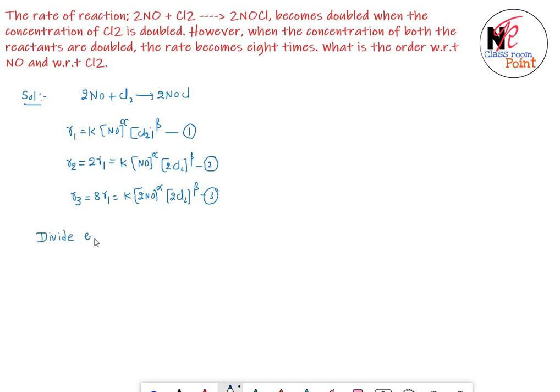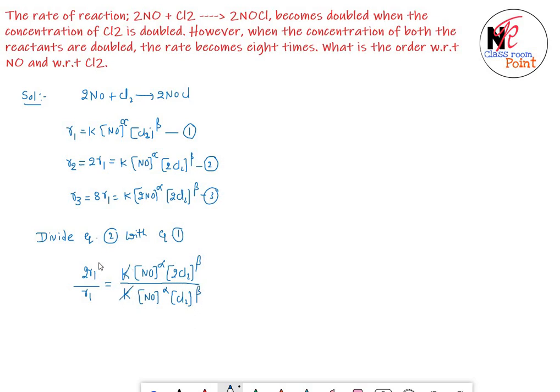Now let's try to divide equation 2 with equation 1. Then we shall get, for equation 2, this is 2R1. So 2R1 divided by R1 equals K into concentration of NO power alpha into concentration of 2Cl2 power beta, whole divided by K into concentration of NO power alpha into concentration of Cl2 power beta.